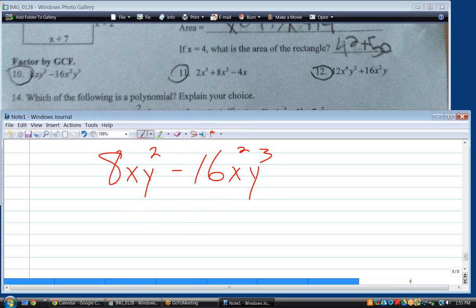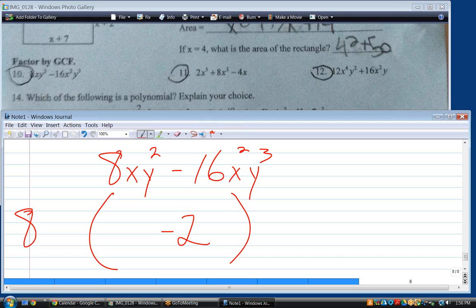So let's look at the numbers first. What's the biggest number that divides evenly into both 8 and 16? 8. Good. You with me? Yeah. What's the biggest x factor that divides evenly into both of those terms?